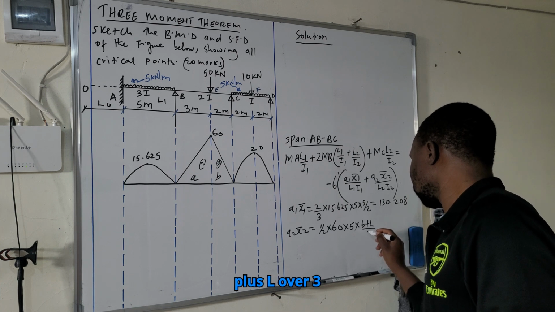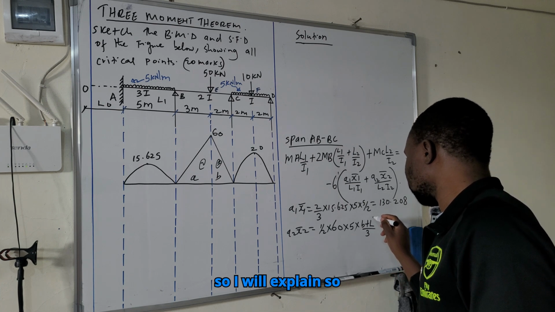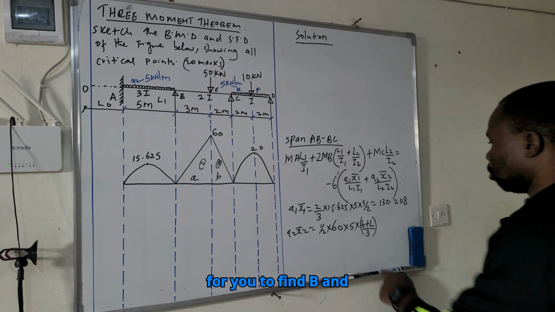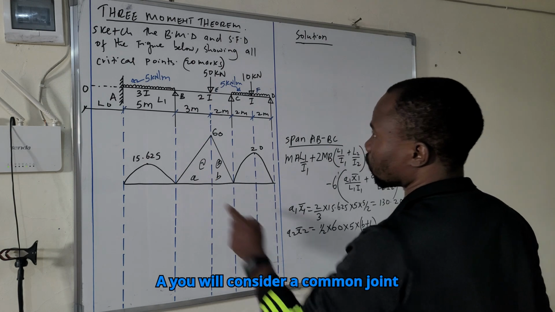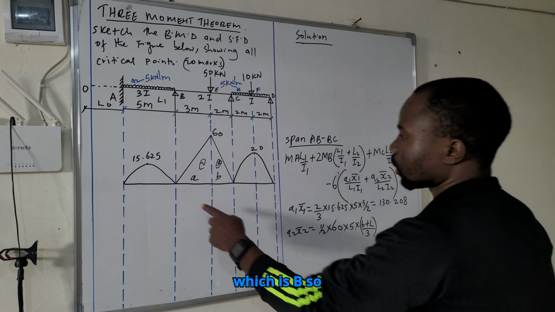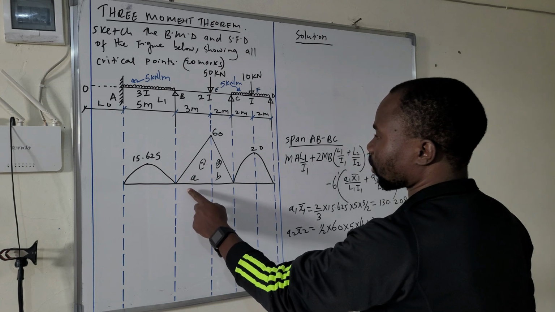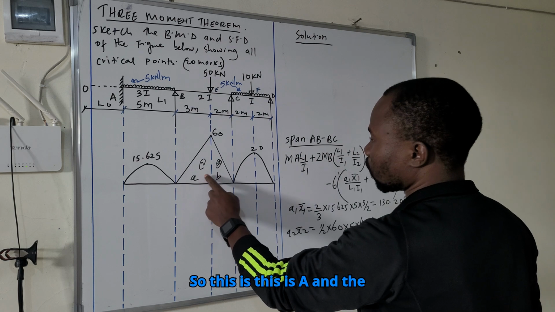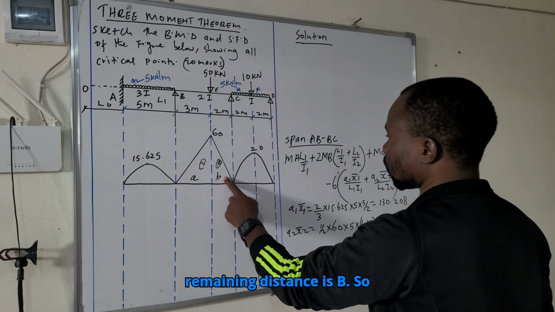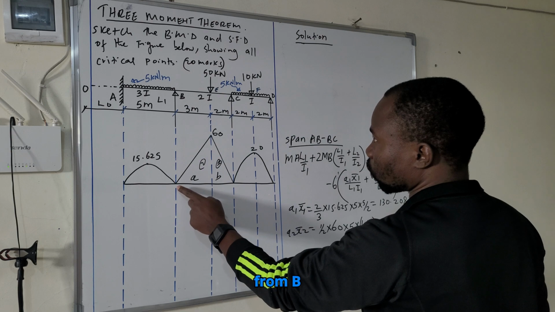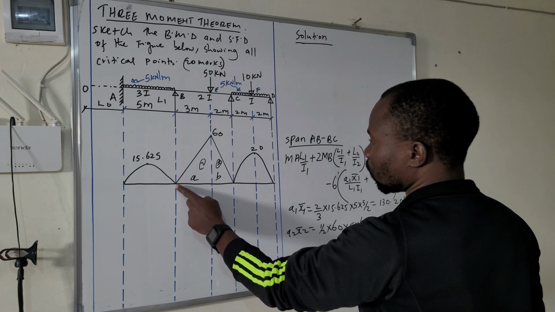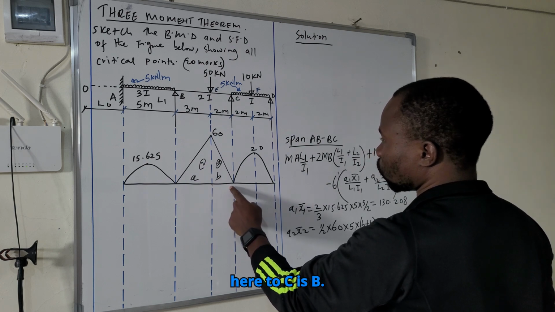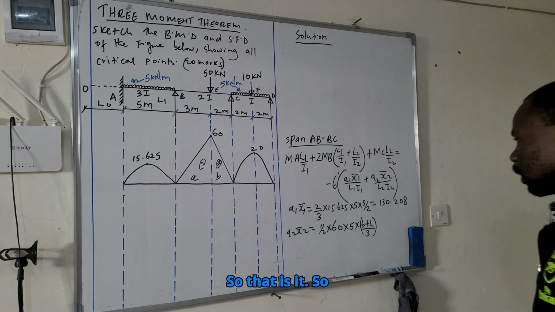plus L over 3. So I will explain. So for you to find B and A, you will consider a common joint, which is B. So the distance which is so close to B is A. So this is A, and the remaining distance is B. So from B to here is A. Then from here to C is B. So that is it.